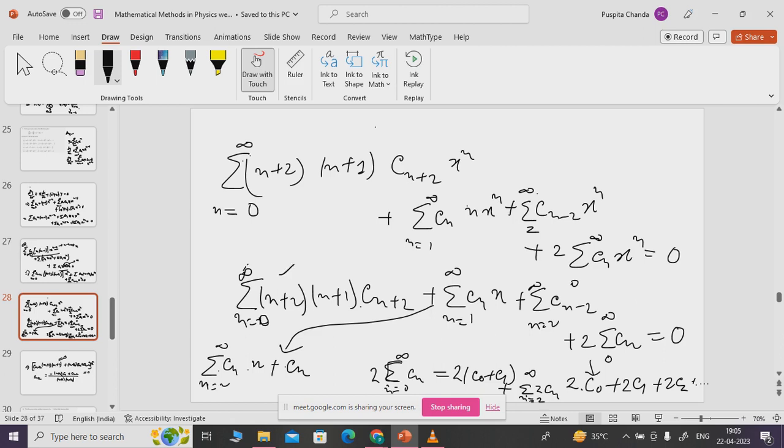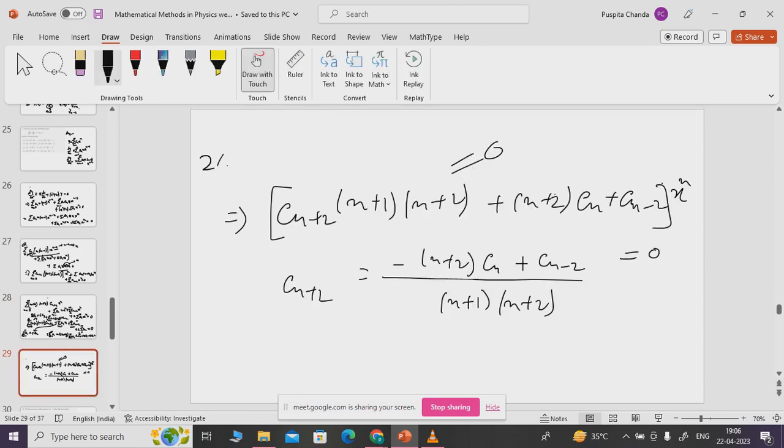So when it is 0, this part also gives 3 into C2, plus when n is equal to 1, it is 2 into C2, with 3 into 2, 6 into C3, plus n is equal to 2 to infinity n plus 2 into n plus 1 Cn plus 2.